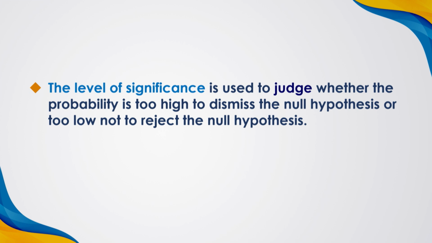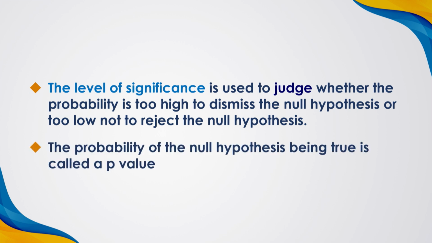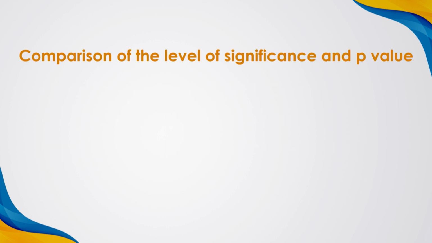The level of significance is used to judge whether the probability is too high to dismiss the null hypothesis or too low not to reject the null hypothesis. Not to reject is also sometimes considered as retaining the null hypothesis. The probability of the null hypothesis being true is called p-value.